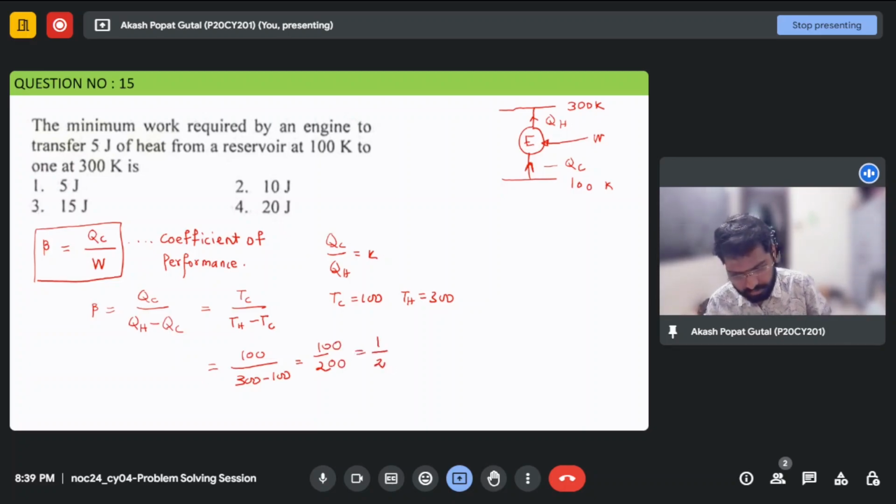And from that, we know beta is equal to QC by QH minus QC. Here 5 joule of heat is transferred from the reservoir at 100 to the reservoir at 300, so QC is 5 and QH we need to calculate.